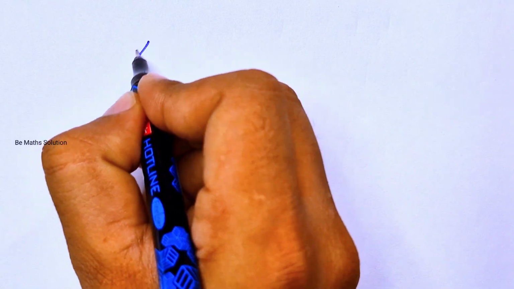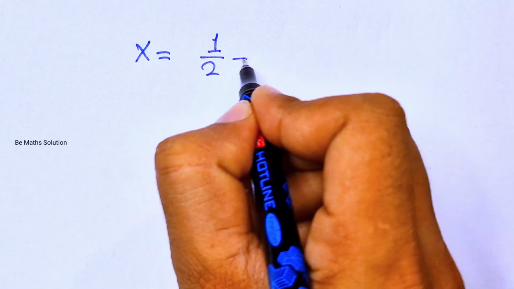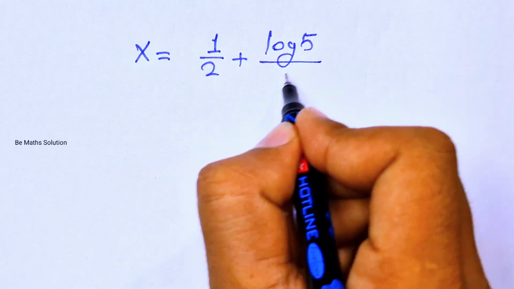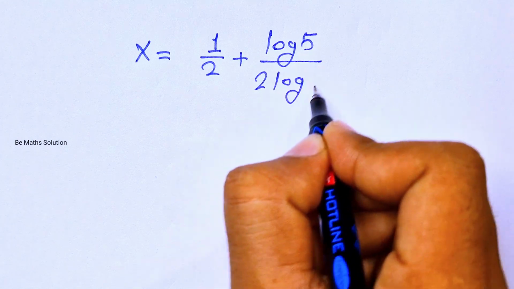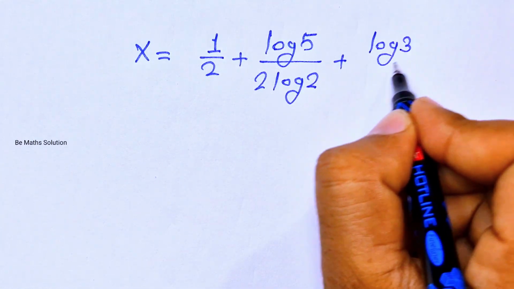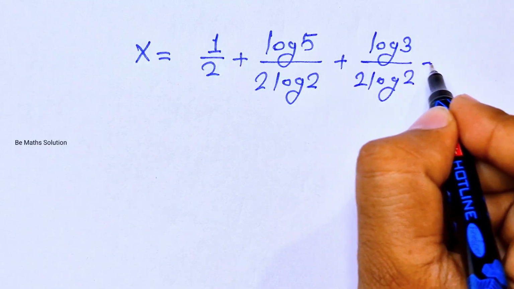Now at this moment, it will be x is equal to 1 divided by 2, plus log 5 over 2 times log of 2, plus log of 3 over 2 times log of 2, minus 1.